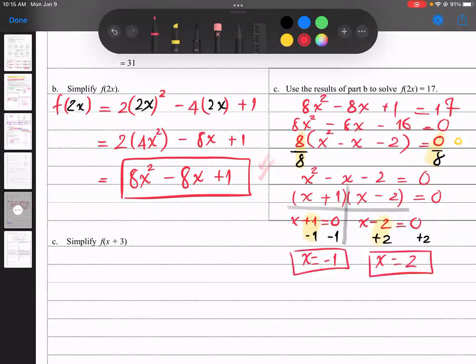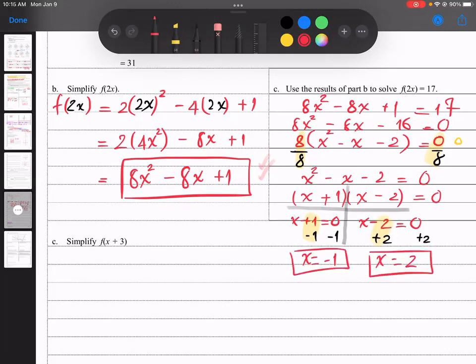Now I have two x values, but is it a function? Yes, it's actually not repeated. X has two different values. What do negative 1 and 2 map to? Not 17.